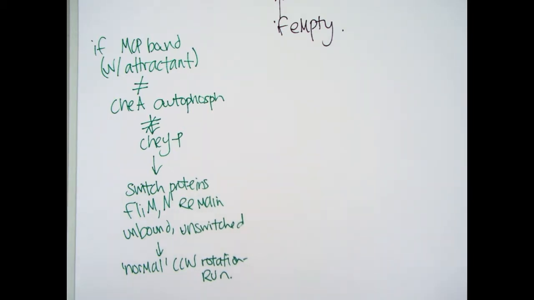This will allow the MCP to only detect increasingly higher levels of the attractant, so then the cell will move toward the higher levels of attractant instead of just staying where there's some attractant.